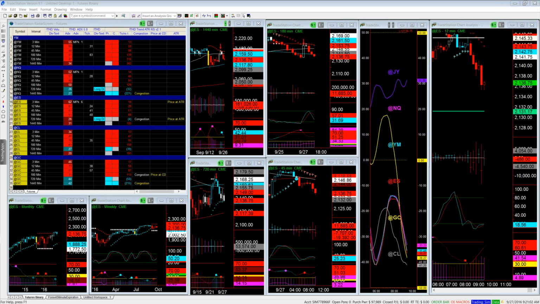And we see a lot of that, so be aware of it. And if you're trading these smaller time frames, you don't want to get caught in that.